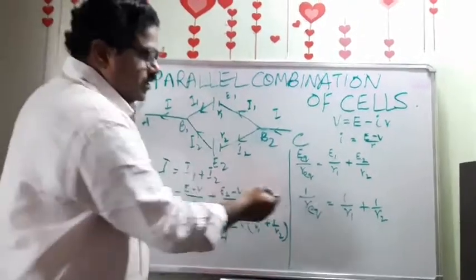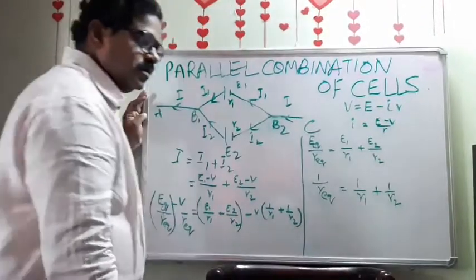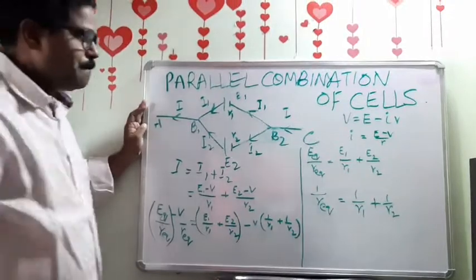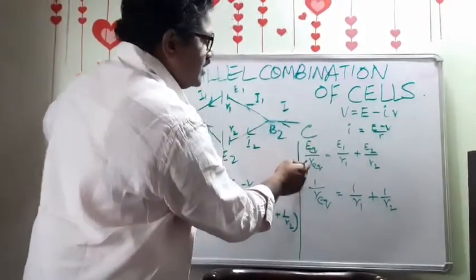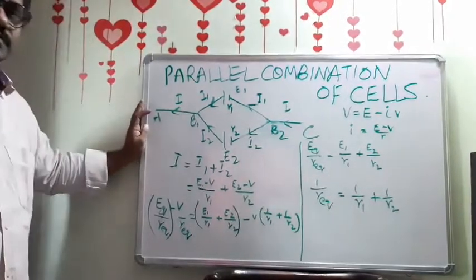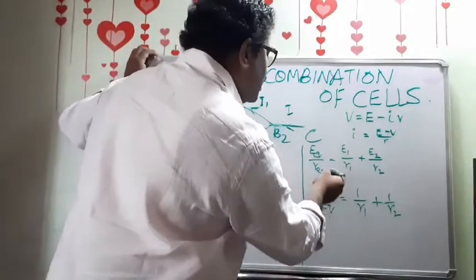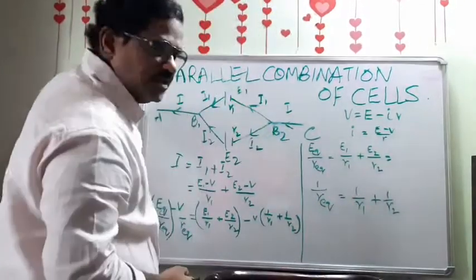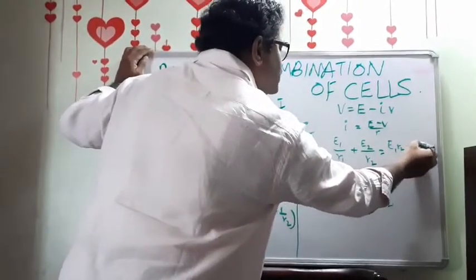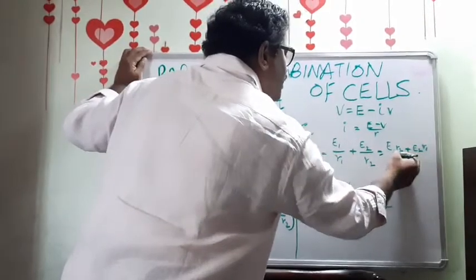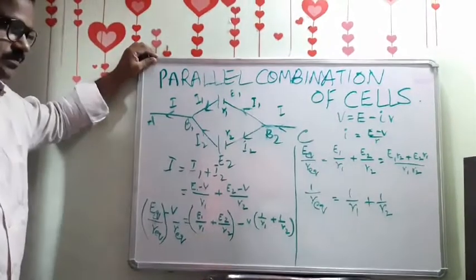Suppose there are 3, then 1 by R equals 1 by R1 plus 1 by R2 plus 1 by R3. And what does this E equivalent by R equivalent give? This is the current. We can further simplify it, that is E1 R2 plus E2 R1 by R1 R2. Like this also we can write.